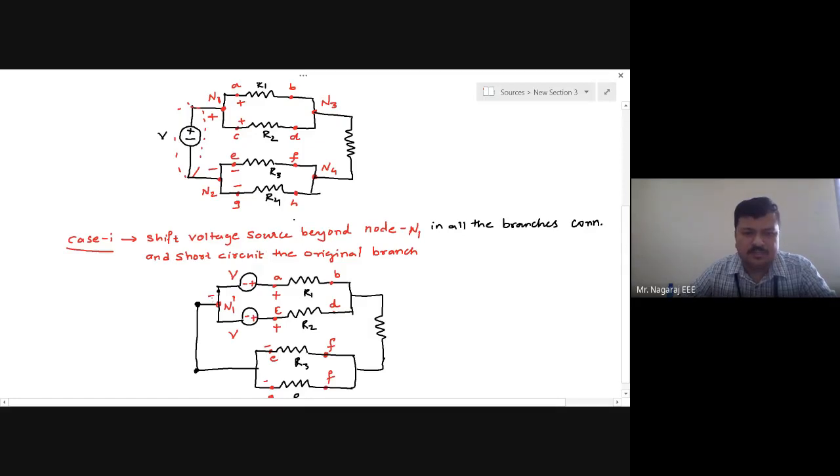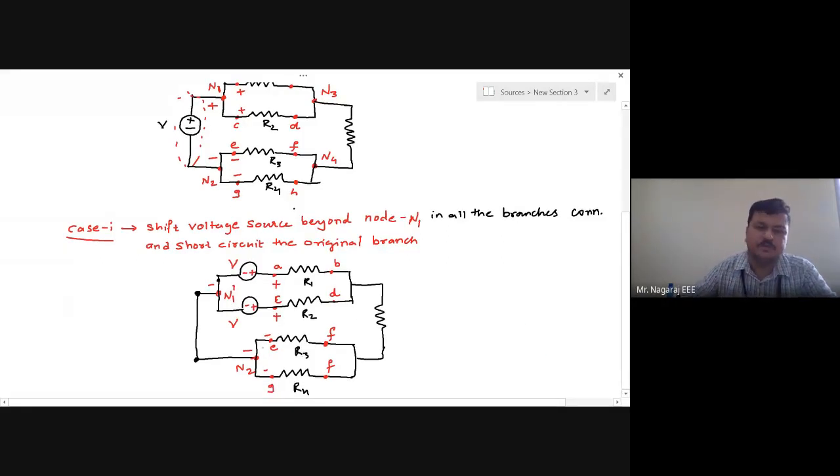It is at negative potential, and this node N2 is directly connected through a wire to N1 dash. So it means the same connection. Now N2 is also at negative potential. Okay. So automatically my terminal E of R3 is negative and terminal G of R4 is also negative.